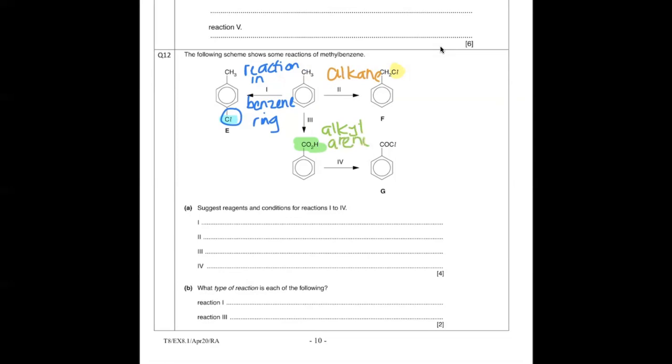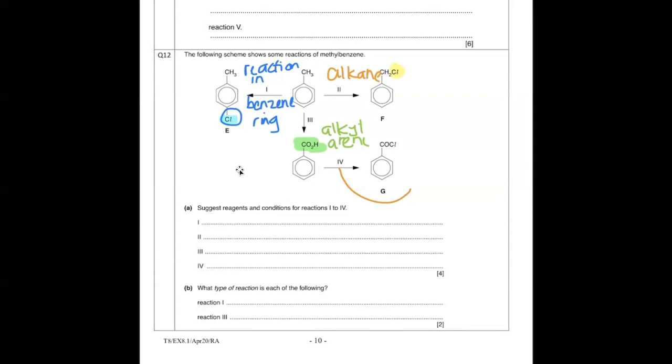Okay, step number 4 is something that you have not done before. So for step number 4, I am going to give you the steps. Basically, you are converting carboxylic acid into an acyl chloride. Okay, so I'll give you the answer.